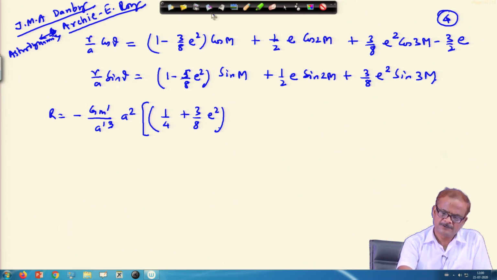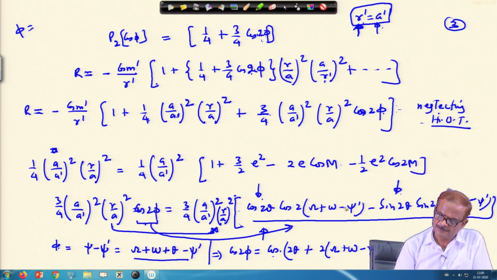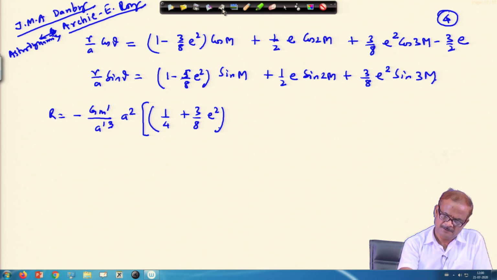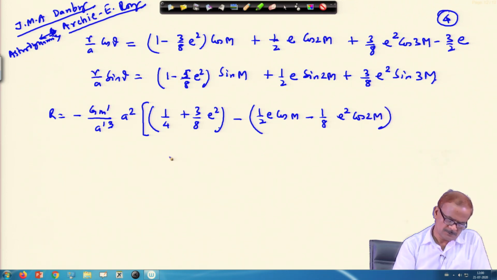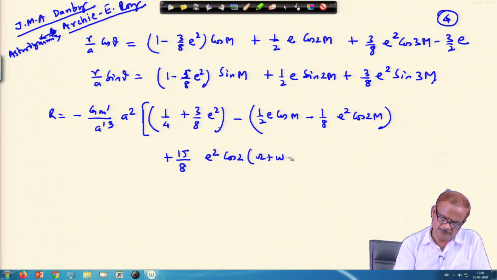So we need to insert all these values here and then expand. This can be written in this format and reorganized. Plus 15 by 8 cos 2 times capital omega plus small omega minus psi prime.